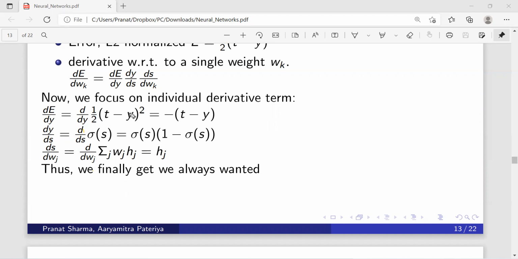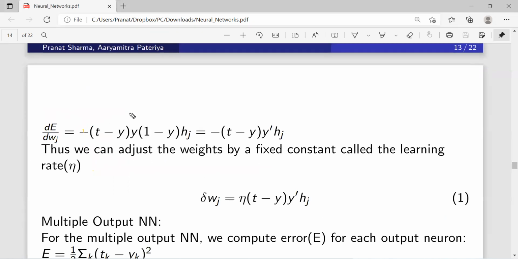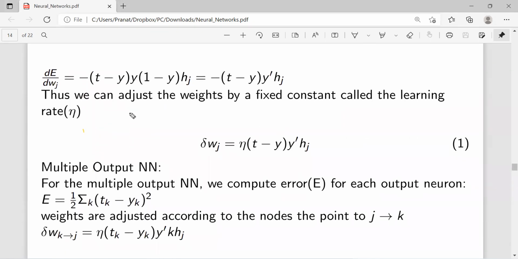Now we just have to put them together to finally get the derivative, or the change in our error with respect to our weight. We put them together and we get this, where y prime denotes sigma of s into 1 minus sigma of s. This is a shorthand for this. Now we multiply it by a constant which is known as a learning rate. We can set it to be any value.